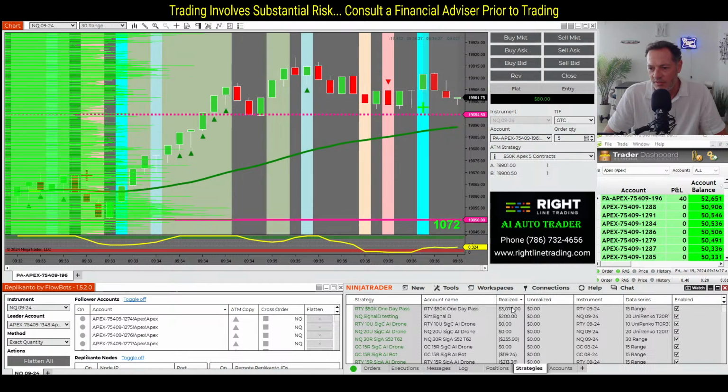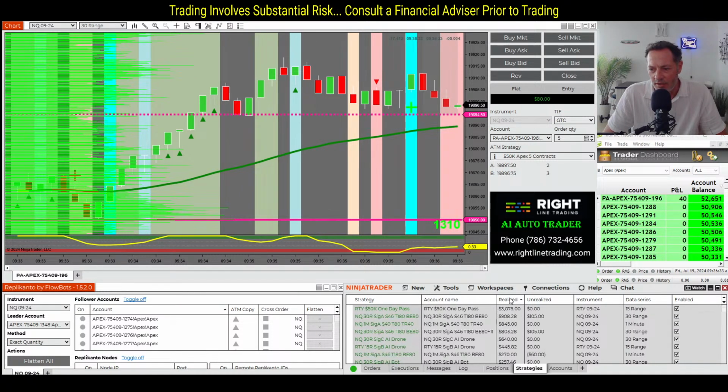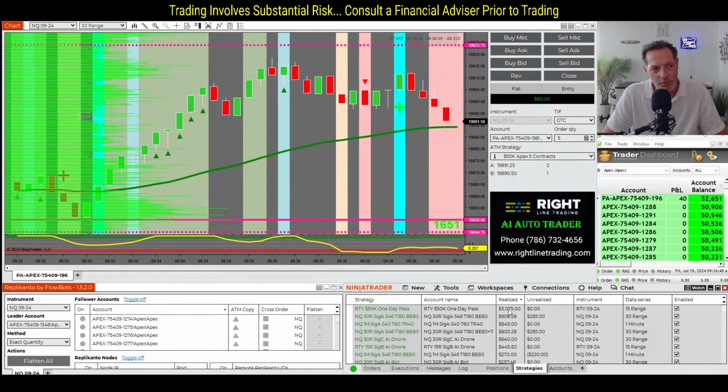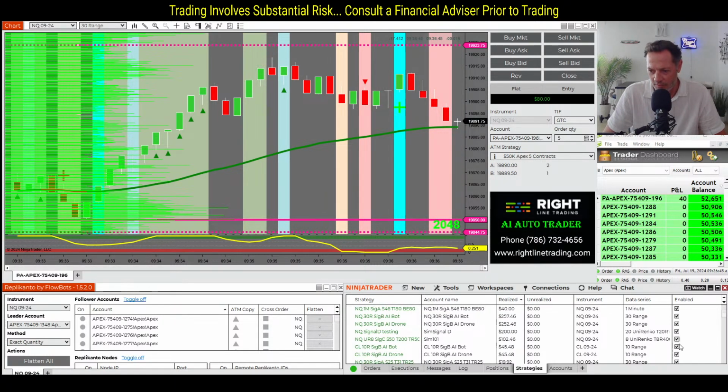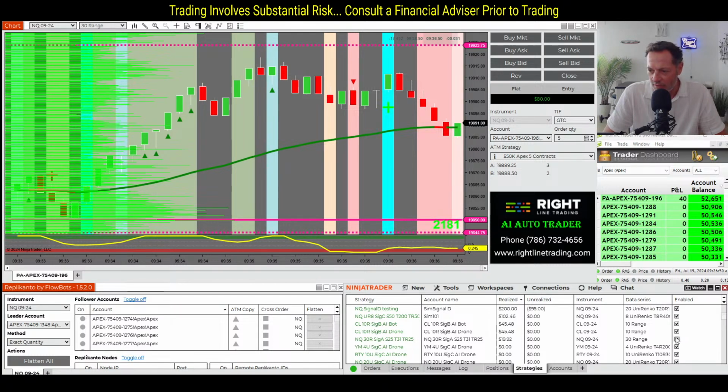Once you keep them enabled all week, you can look on this strategies tab right here and double click on the realized up here, and it always shuffles the best performing one to the top of how it's done ever since it was enabled. When you disable it, it goes to 0. So if you turn them on and off, I'll just take this one for example, it's at $45 right now this morning.